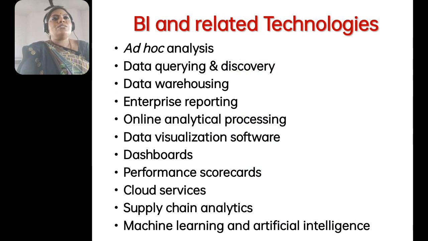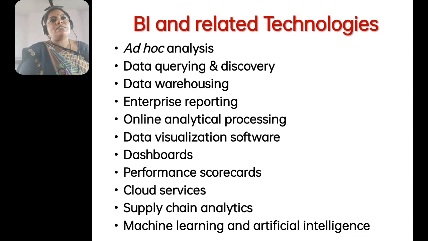And the next one is BI and related technologies. The data used in business intelligence can include, as I have already told you, historical as well as newly gathered data obtained from various sources. Business intelligence then takes all of the data and combines it into a broad set of data analysis applications and functions.